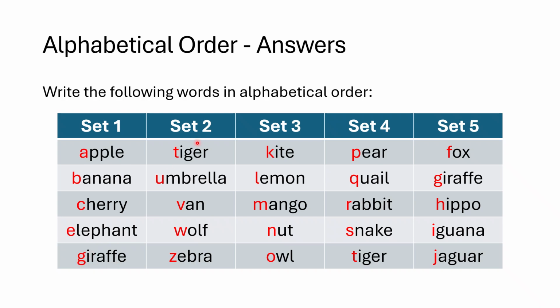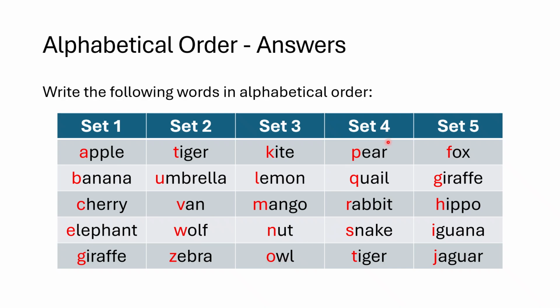Set 2, T for tiger, U for umbrella, V for van, W for wolf, Z for zebra. Set 3, K for kite, L for lemon, M for mango, N for nut, O for owl.